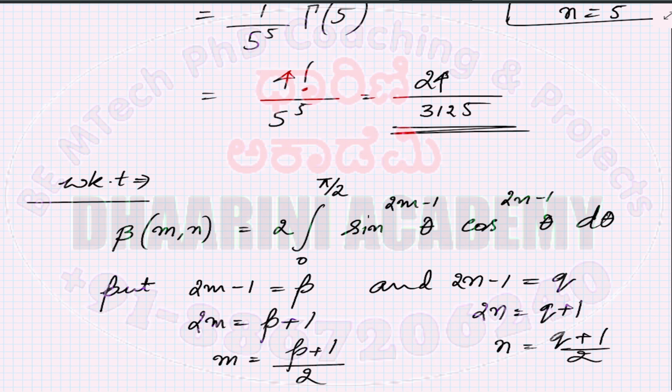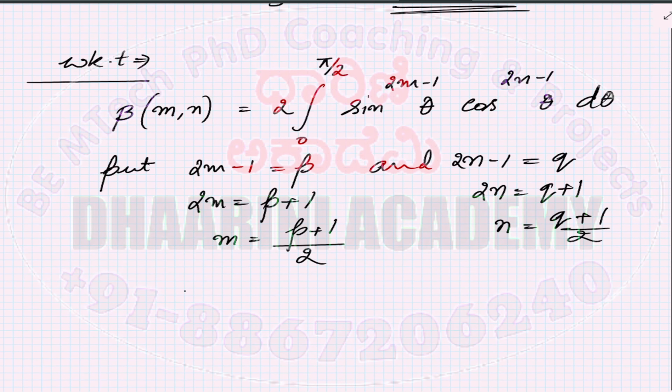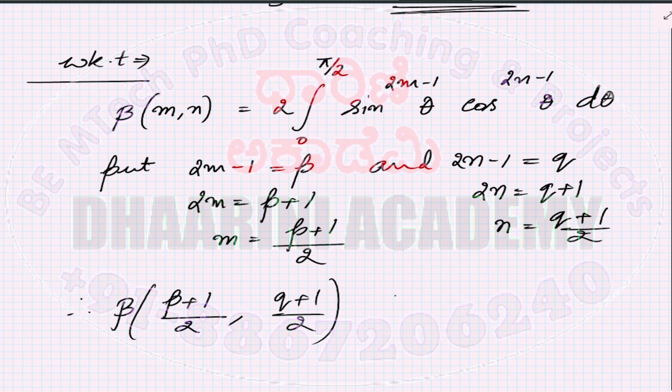Now you see, in the main equation I'm going to make the following changes. I know m and n, therefore the beta function, beta of m, which is p plus 1 by 2, and n, which is q plus 1 by 2, is equal to 2 times the integral 0 to pi by 2.